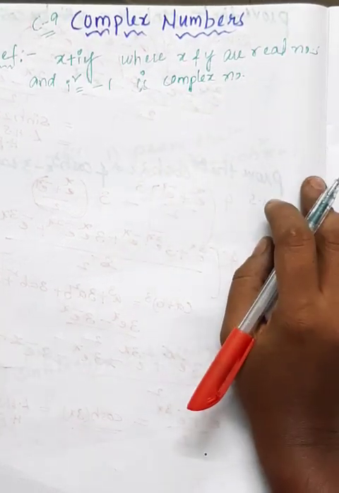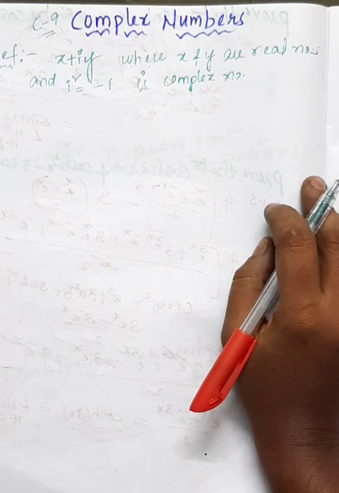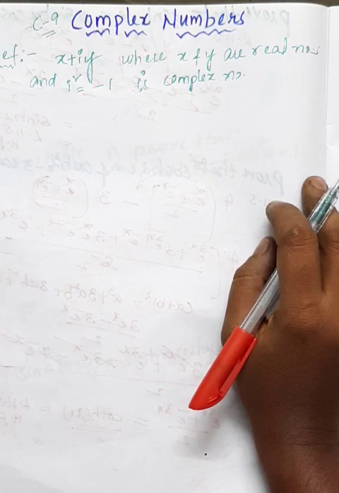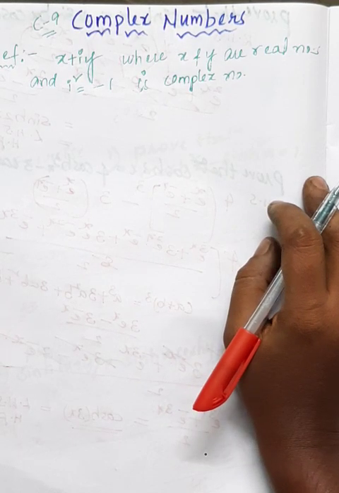So the definition of a complex number is an expression of the form x plus iy where x and y are real numbers and i square equal to minus 1 is said to be a complex number.